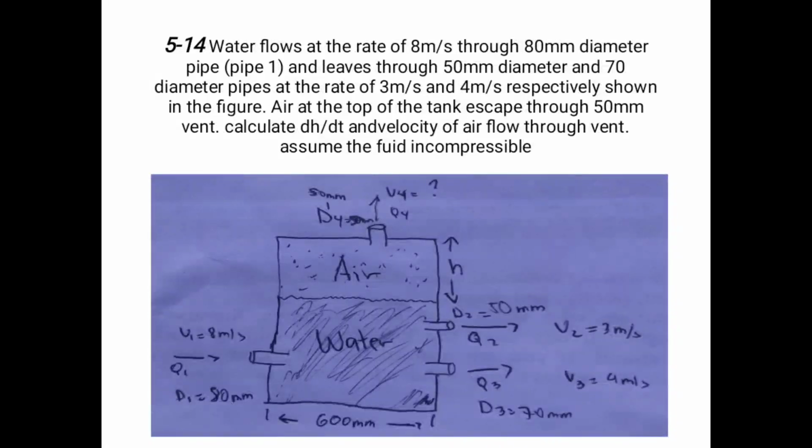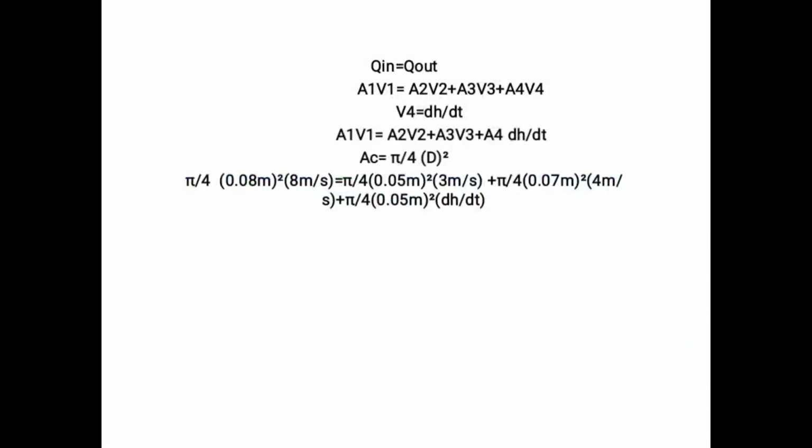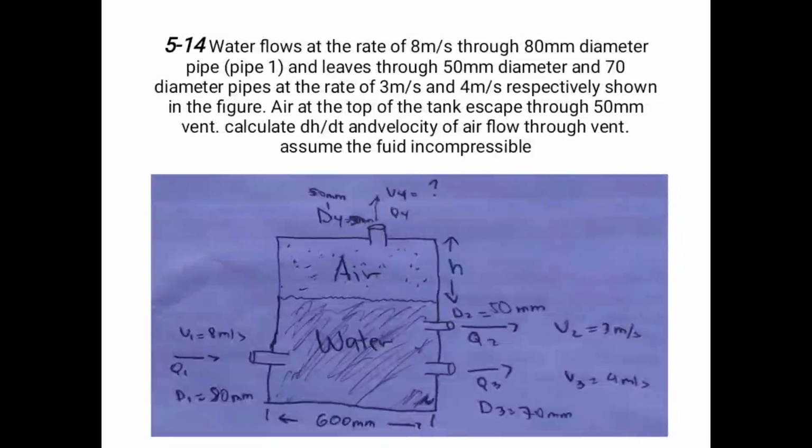In the figure we have 50 mm, which equals 0.05 meter, and the velocity is still unknown, but we have the dH/dt. Now if you put it in the calculator, we will get the answer of 9.64 meters per second.